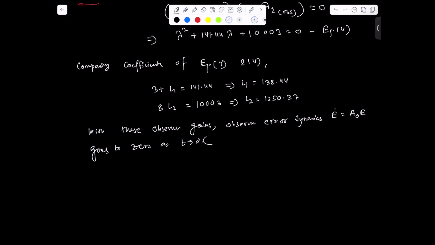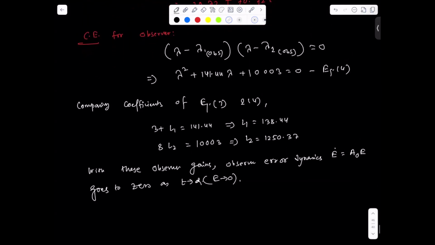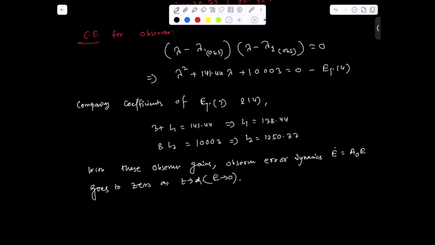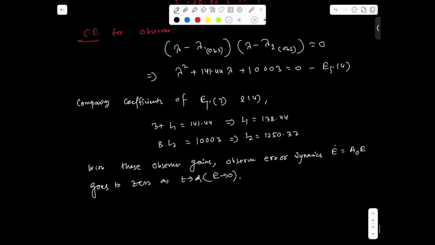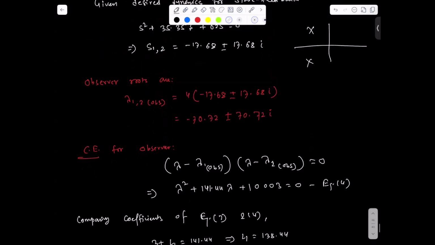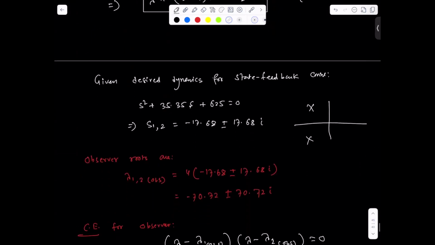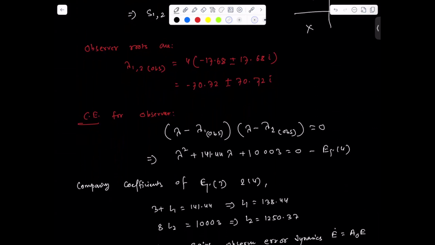So you can say E goes to 0 as t goes to infinity. So this is how we can validate that all states are available, even though they are not measurable in the output, but states are available to get the controller for the system. So this is a very, very important part: how we can find the estimate of the state which is not available in the output equation, for designing control.